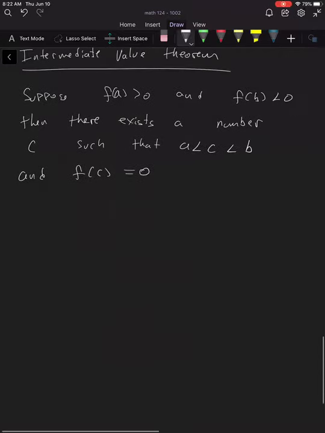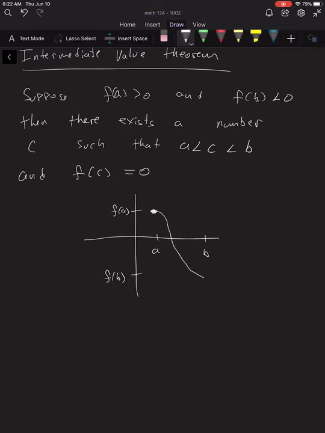So in a picture, what does that mean? Suppose we have, let's say, here's A, here's B. We said f of A is bigger than 0. We said f of B is less than 0. So maybe it does something like this. Here's f of A, goes down to f of B. So what this picture means is that if there's a number bigger than 0 and then there's a number less than 0, then the graph has to pass through 0 at one point to get to the other point.